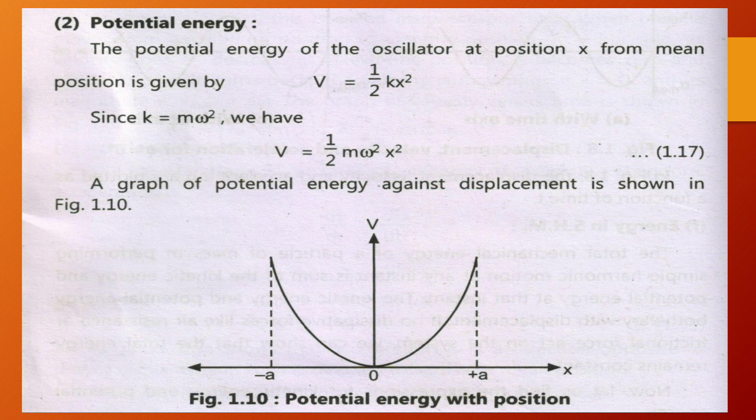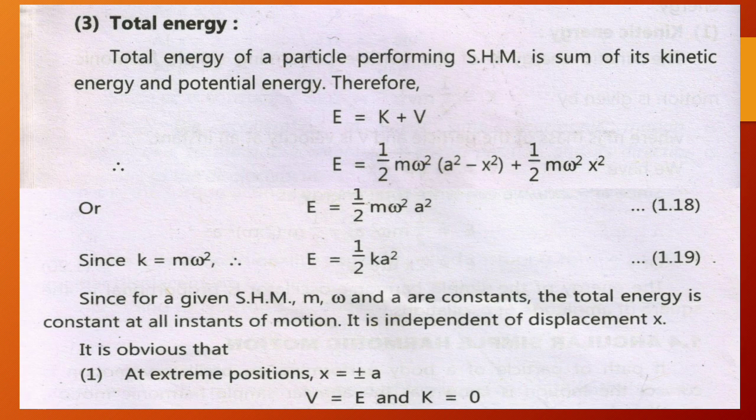Therefore the total energy of a particle performing SHM is the sum of its kinetic energy and potential energy. So the total energy E is equal to K plus V, where K is kinetic energy and V is potential energy. Substituting the values of K and V, we get E is equal to 1/2 m omega square into (a square minus x square), plus 1/2 m omega square x square.